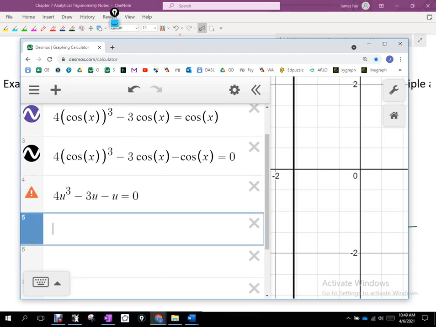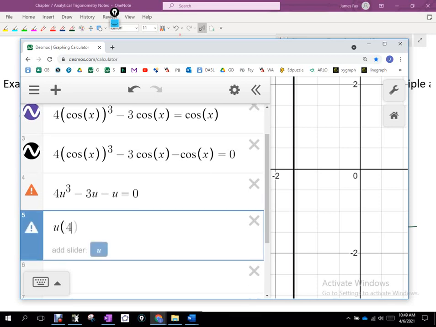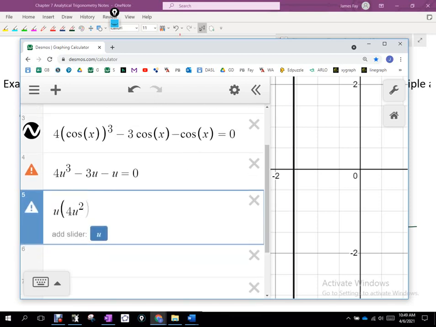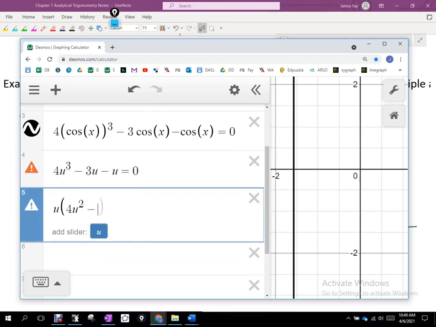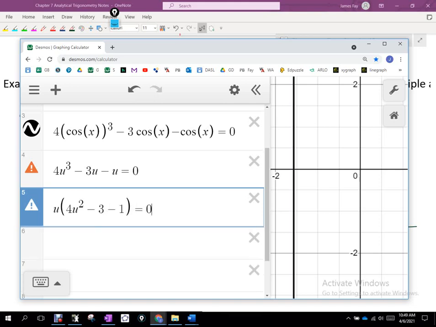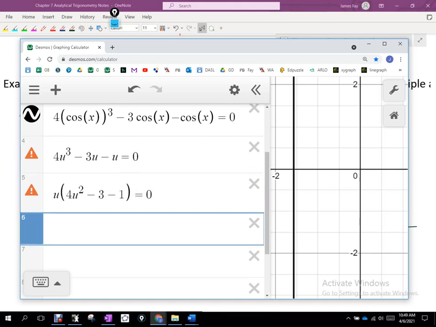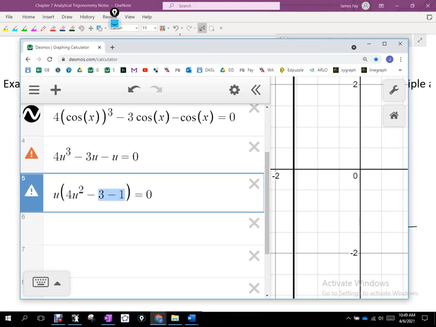And we have that then, right? Can I then rewrite that as 4u cubed minus 3u minus u equals 0? And so that'd be 4u cubed minus 4u, right? Can we factor that using polynomial techniques?